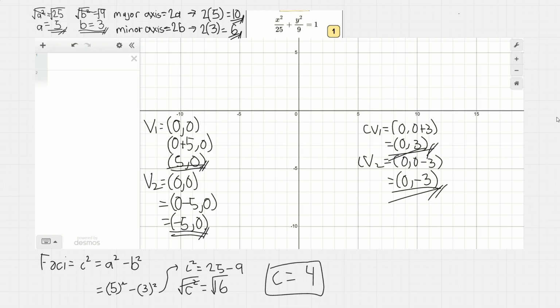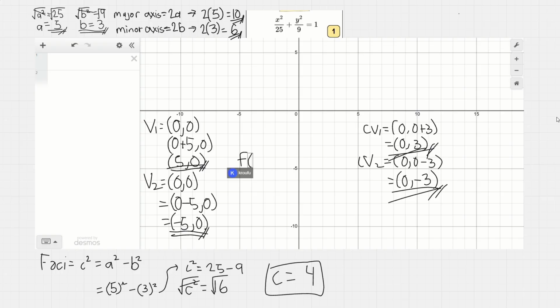Since our foci are collinear with our vertices, we're going to do the same as with the vertices, but we're going to use the value of c. So how do we get that?